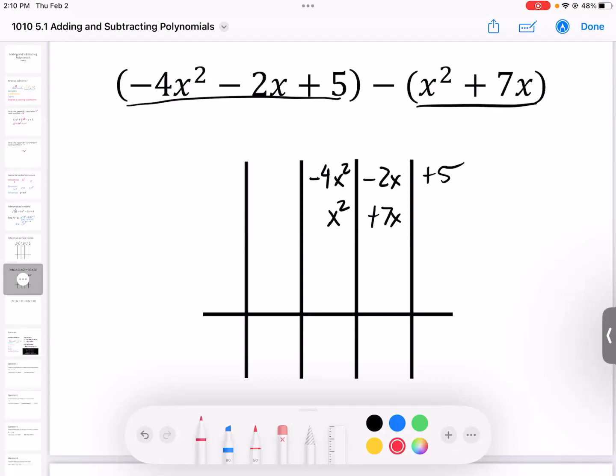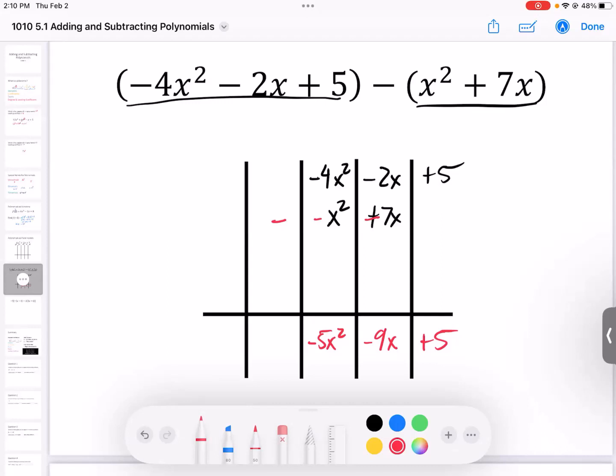And when I subtract those, that one becomes negative and this becomes negative, leaving me with 5 negative x squareds, 9 negative x's, and a +5. So this is one way you can think about it as place values, because essentially you're just adding the place values together. But you can also do this by just getting rid of the parentheses and combining like terms.